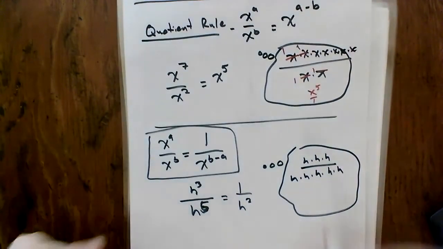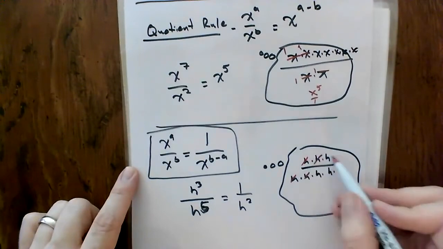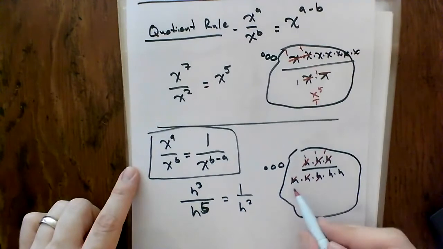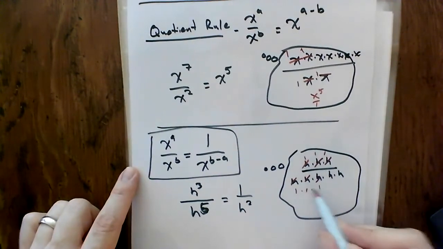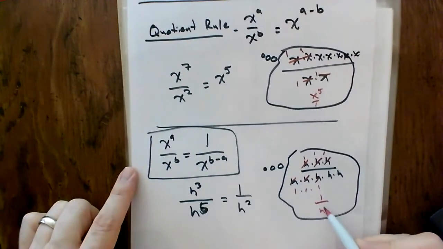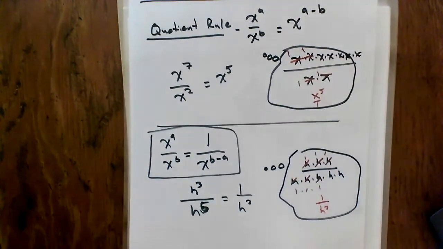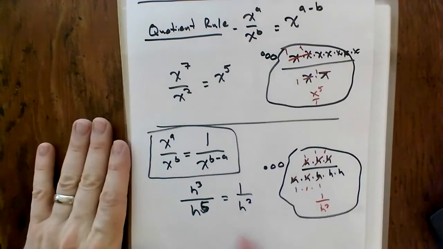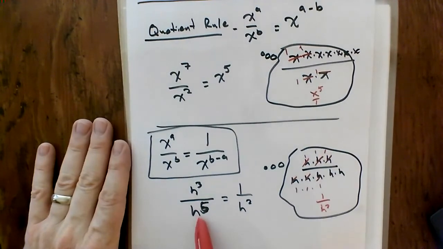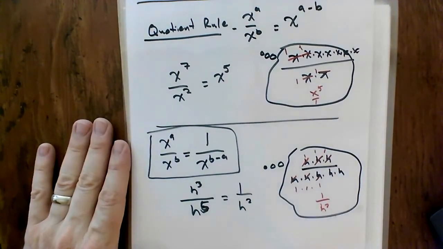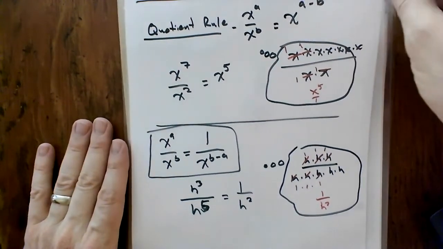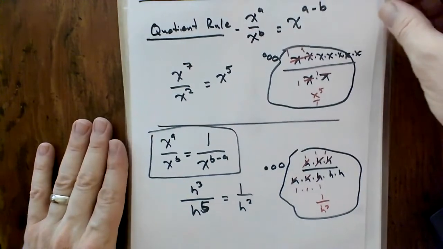And what is left over in the numerator will be 1. I'll have 1 times 1 times 1, which is 1. Down here, I'll have 1 times 1 times 1 times h times h, which is h squared. So I'll have 1 over h squared. So when we're looking at this, keep track of where you have the most of your terms multiplied together. They're going to stay there. Pause and let folks write some stuff down.